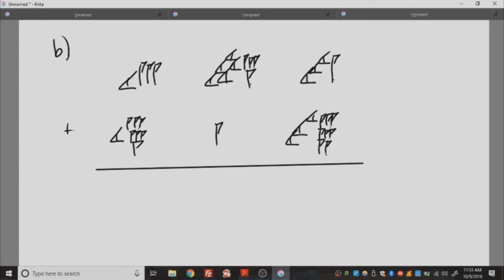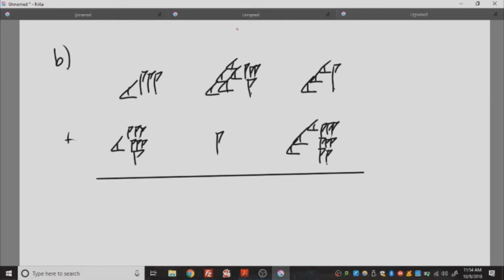Alright, right to left. I have a 31 plus a 38. 31 plus 38? 69, that's too big. So what I'm going to do is carry over 1 group of 60 and 9 are left.